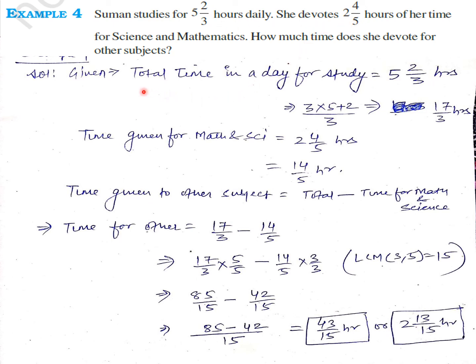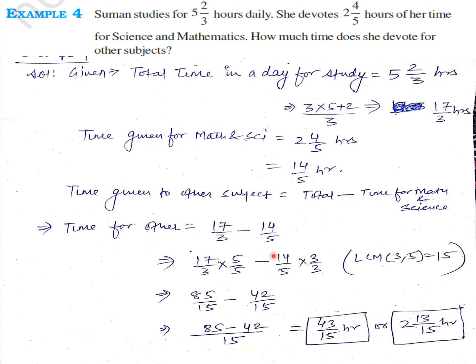Let's write them. First of all, total time is 5 2 by 3. So we will write it in normal fraction form. 3 5s are 15 plus 2, 17 upon 3, and time for math science is 2 4 by 5, that is 5 2s are 10 plus 4, 14 upon 5 hours. So time given to other subjects will be given by total time minus time for maths and science.